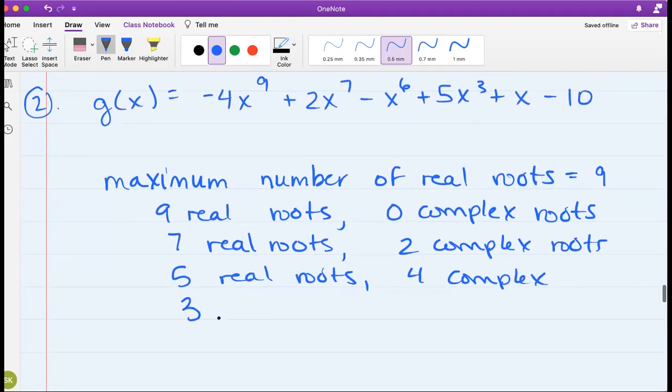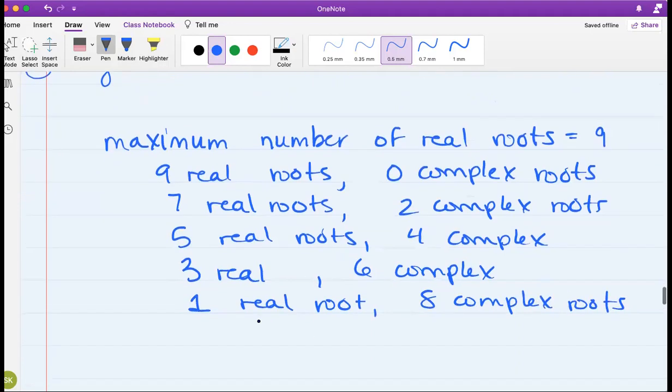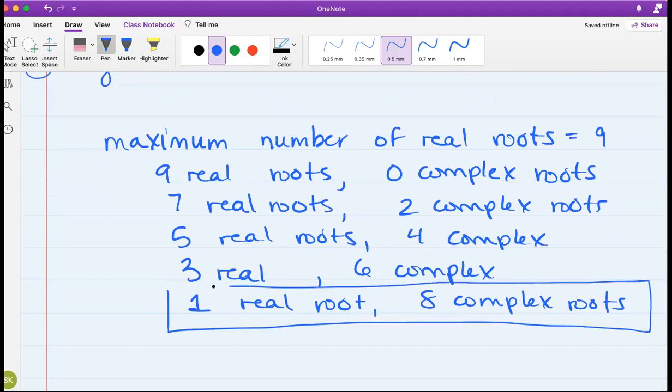We could have 3 real roots and 6 complex roots. Or we could have 1 real root and 8 complex roots. But since we can never have just an odd number of complex roots because we always have pairs, this would be the minimum number of real roots.